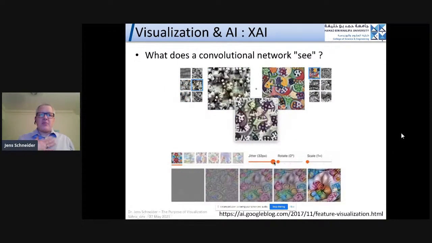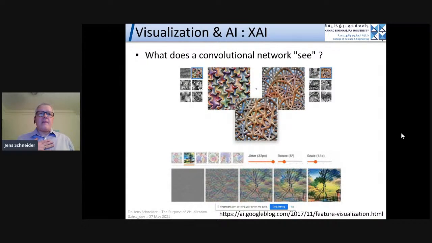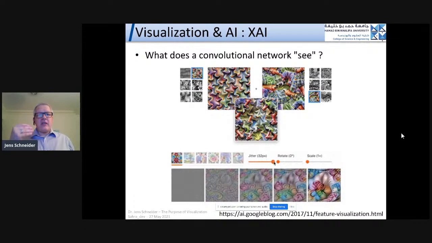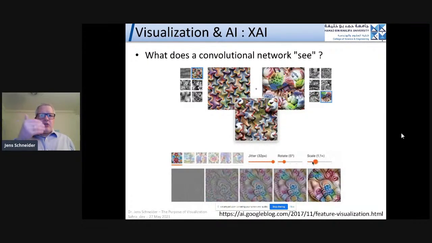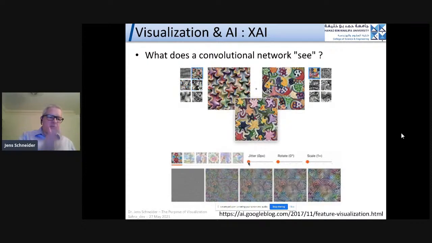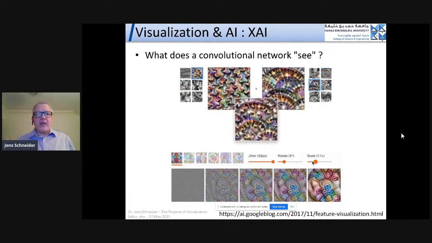And this here is an example of a Google blog where the researchers were thinking about what does a neural network look for? And of course, the lowest layers in a convolutional neural network, they find edges. Then they find more and more complex structures.